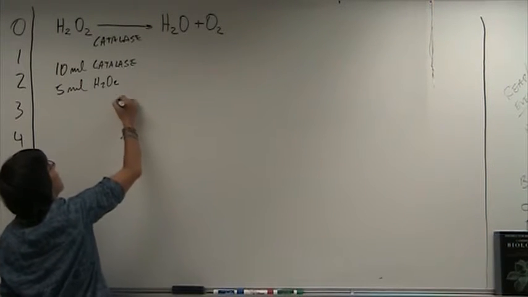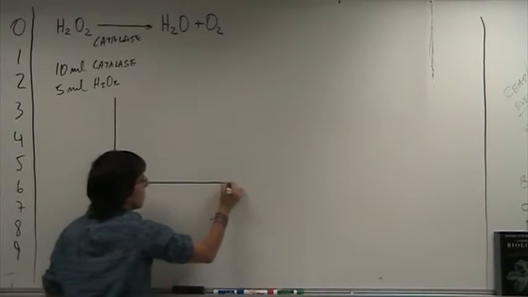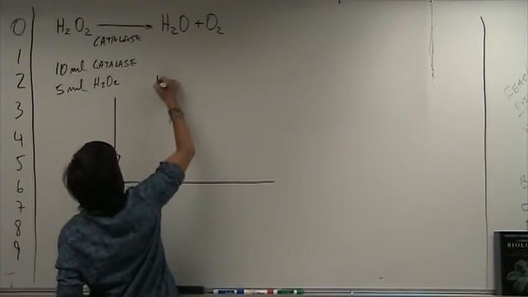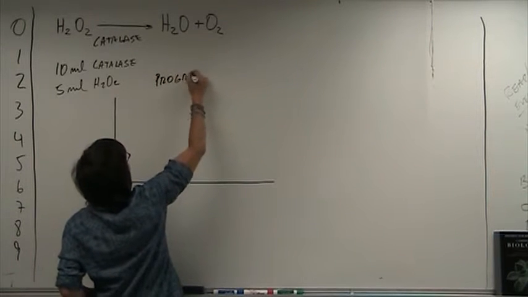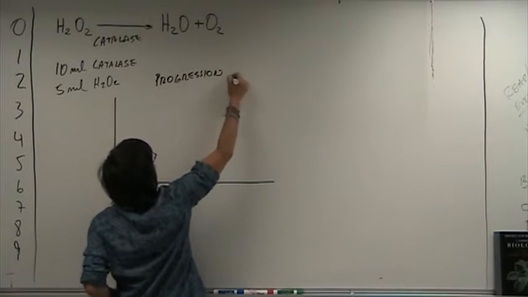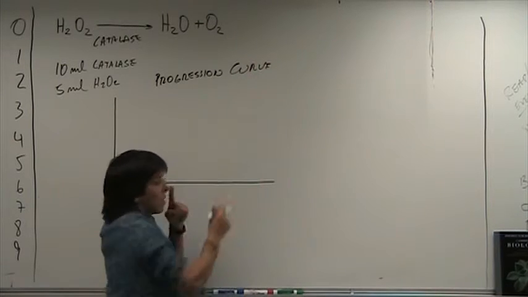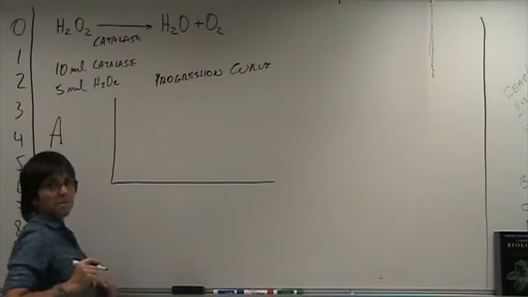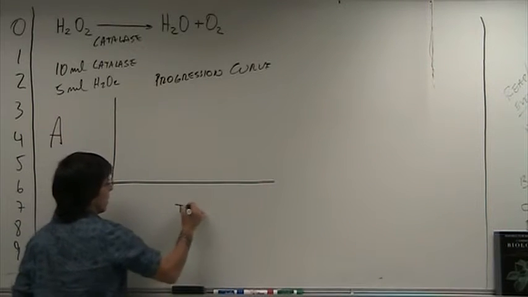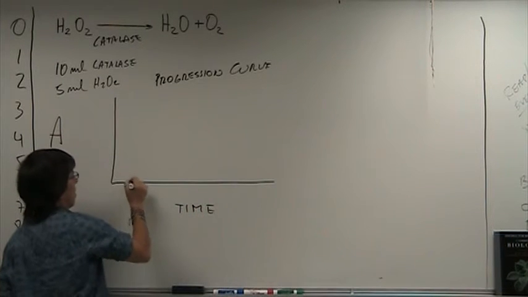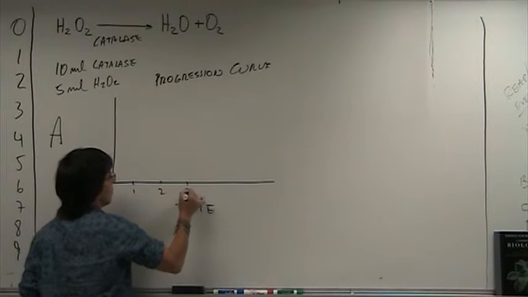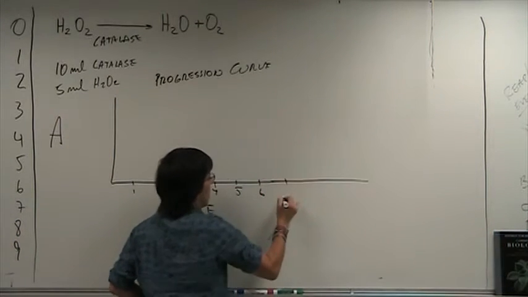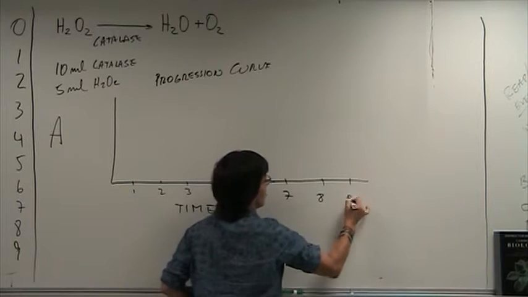So if you graph this, and that's the first graph that you have to do, we are going to call this graph a progression curve, because it's going to show us the progression of the lab, and this is what we do in part A. Here we are going to have time, 1 minute, 2, 3, 4, 5, 6, 7, 8, 9.